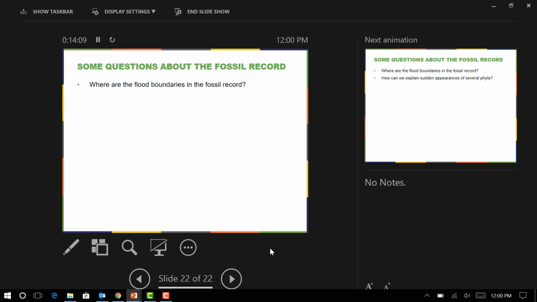So what we would do is look at this not as an accurate history of what was going on, but rather as the order of events, or the order of environments destroyed during a global flood. Now there are some modifications to this theme.